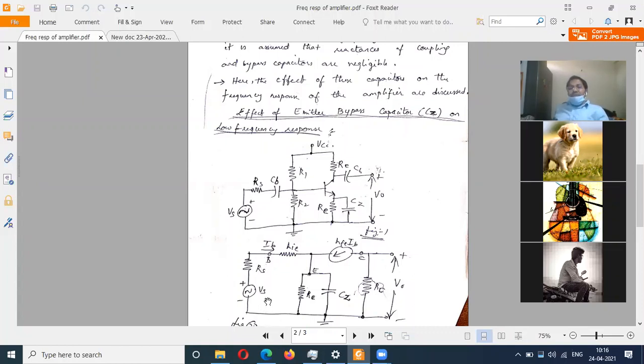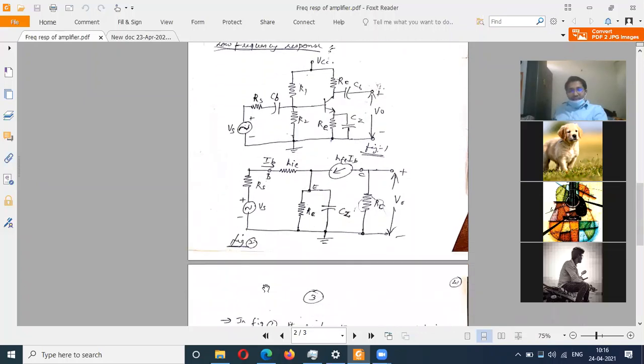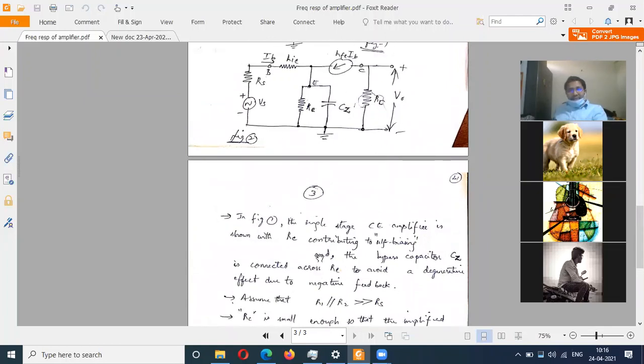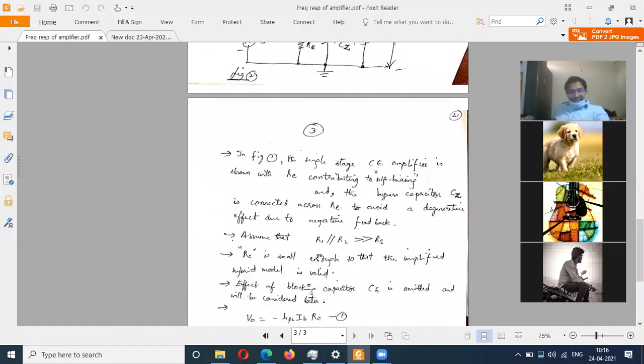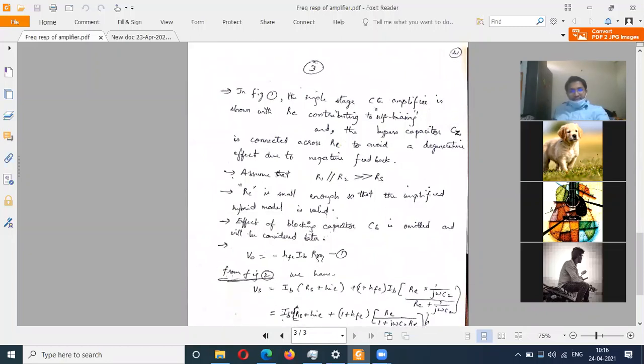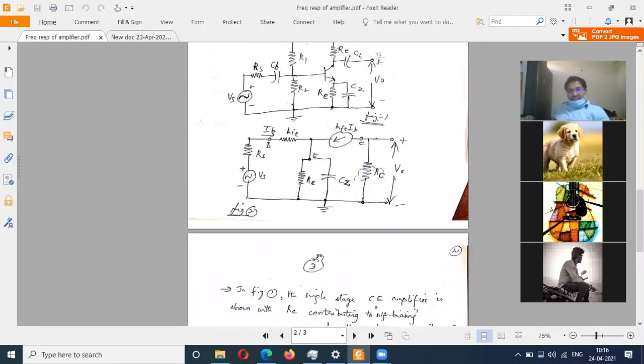But if R1 and R2 are sufficiently large, you can neglect them. We are considering the case when R1, R2 are sufficiently large, for easier analysis, so we neglect them. Now it is very easy. Just how we analyzed our circuits in previous classes, a similar analysis we will do, and whatever result we get is the result for this circuit.